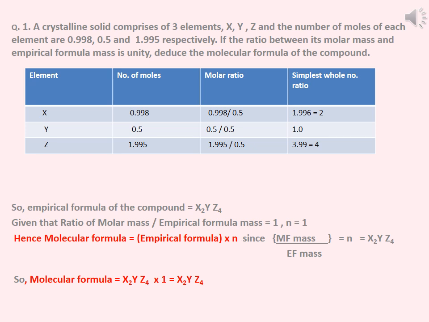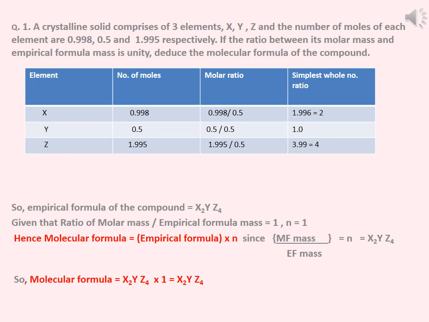Now, among these three, the smallest number of moles is 0.5. So to find out the molar ratio, we divide the number of moles by the smallest number of moles. That would be the third column, molar ratio.